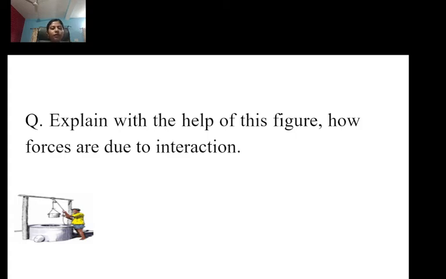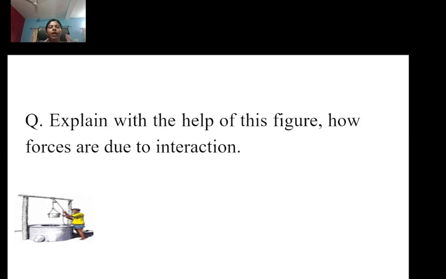Okay, fine. That man tried to take out water from the well. All right. Then forces are due to interaction here because that man and that rope are together. Yes, good. Nicely done, student.